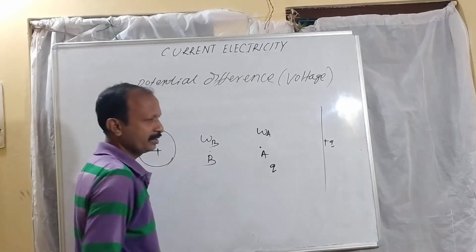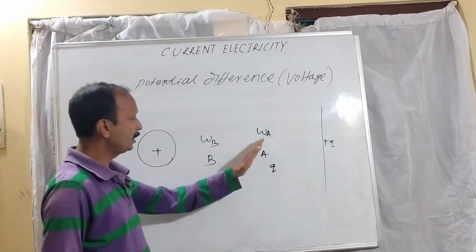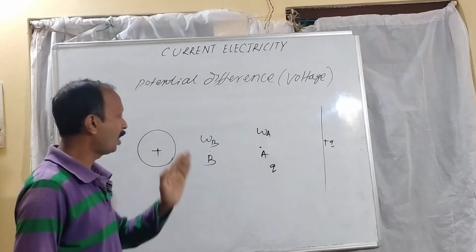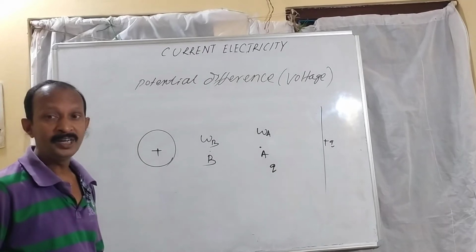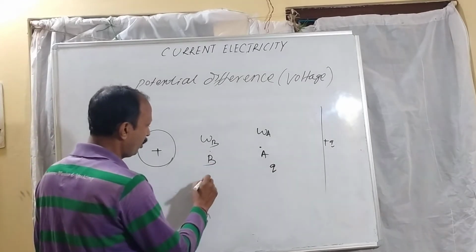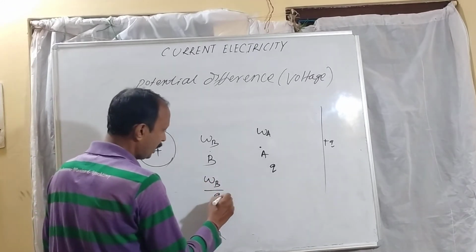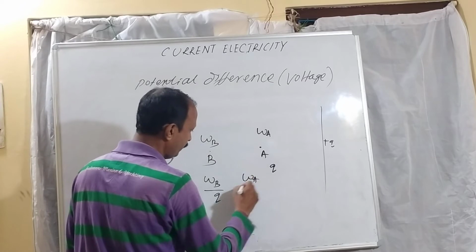The work done here is WB. The work done here is WA. That means potential at this point is WB by charge. Here it is WA by charge.